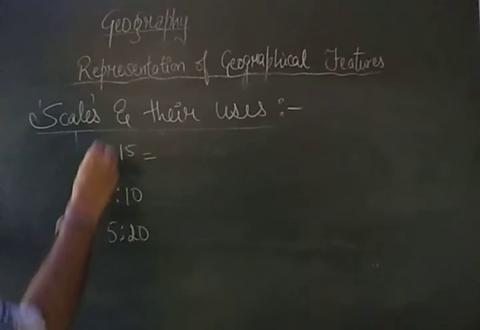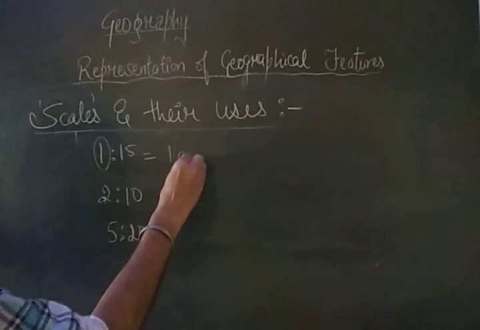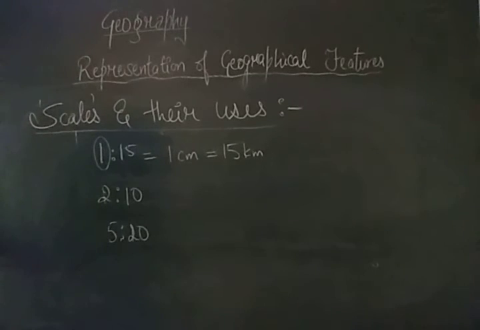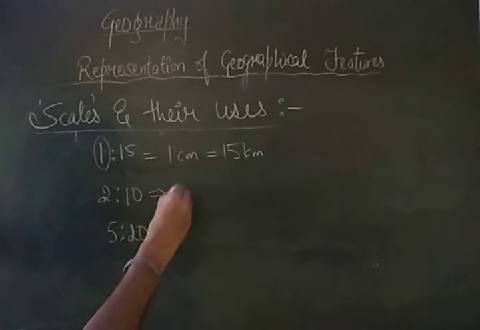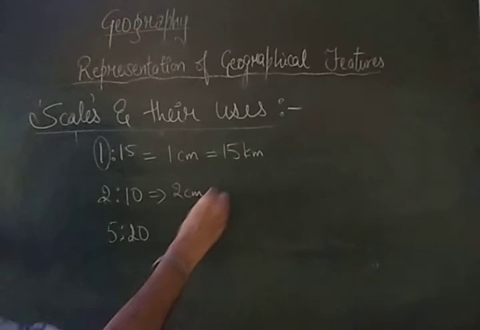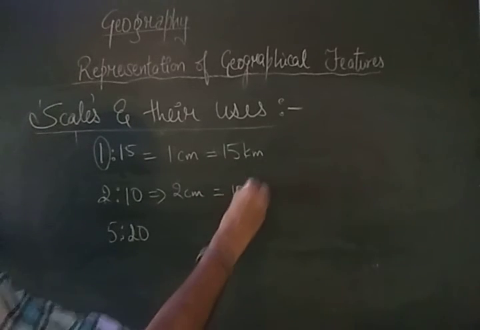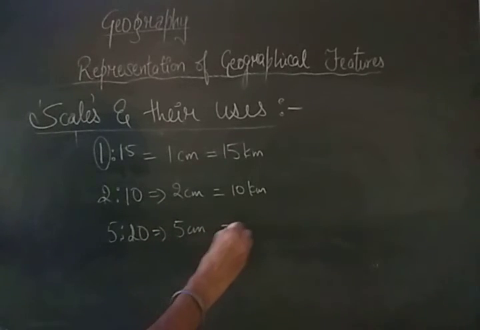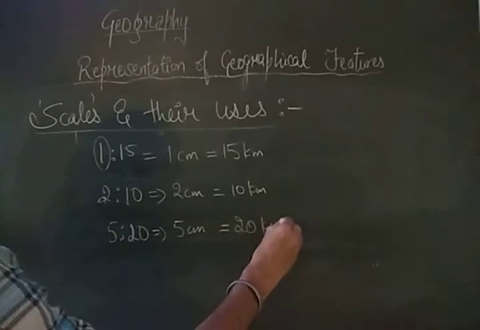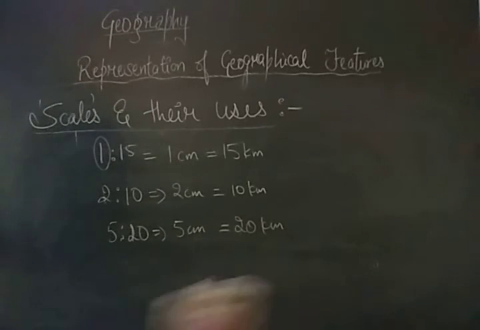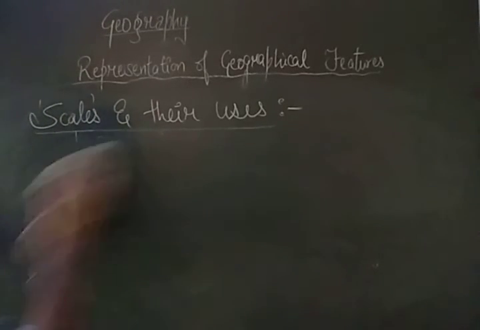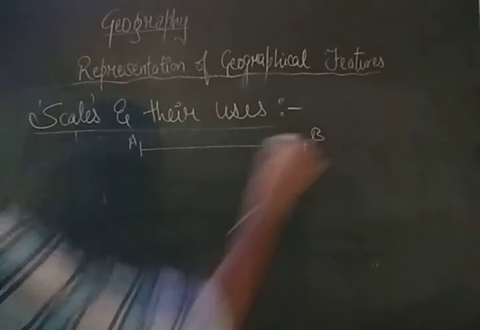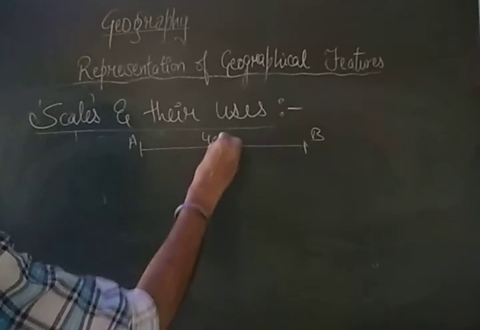It means 1 centimeter on the map is equal to 15 kilometers on the ground. 2 centimeters on the map would be equal to 10 kilometers. 5 centimeters on the map would be equal to 20 kilometers on the ground. So this is how we are going to draw the map. This is called scale.